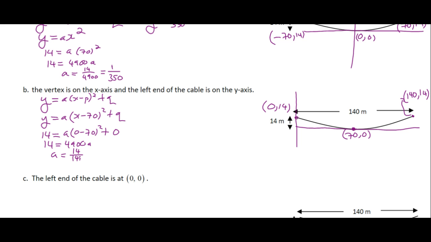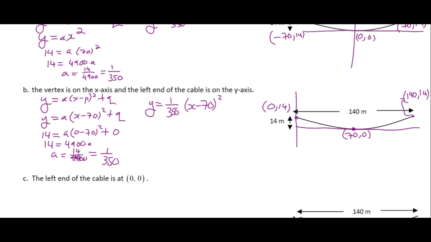A is 14 over 4900, which is 1 over 350. 1 over 350 x minus 70 squared. And you don't need to write plus 0, right?